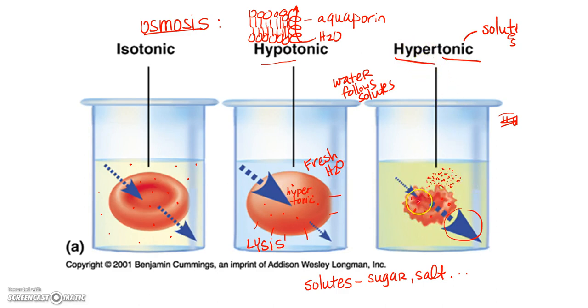The inside of the cell is hypo. Hyper and hypotonic are relative terms, and you always want to make sure you indicate what you're talking about. Here they give you an arrow. If you're just writing, say this cell is hypertonic, or the solution on the outside is hypertonic. Just make sure you specify.